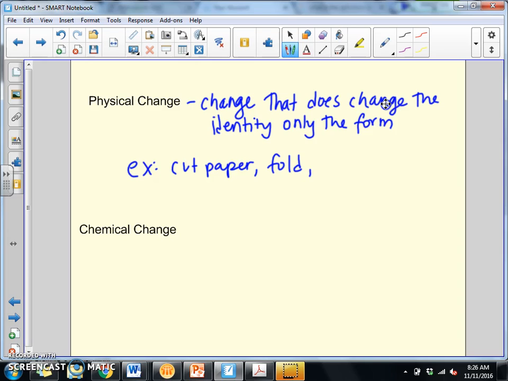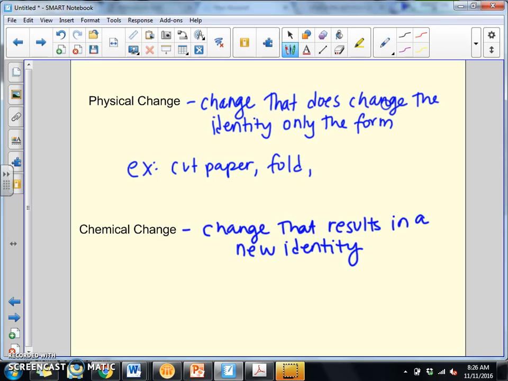A chemical change is a change that results in a new identity. Now, most of chemistry, what you would think of chemistry anyway, is chemical change. Anytime you have a reaction, you have a chemical change.